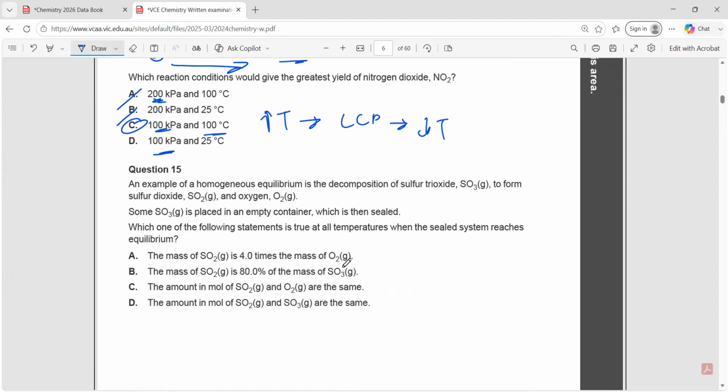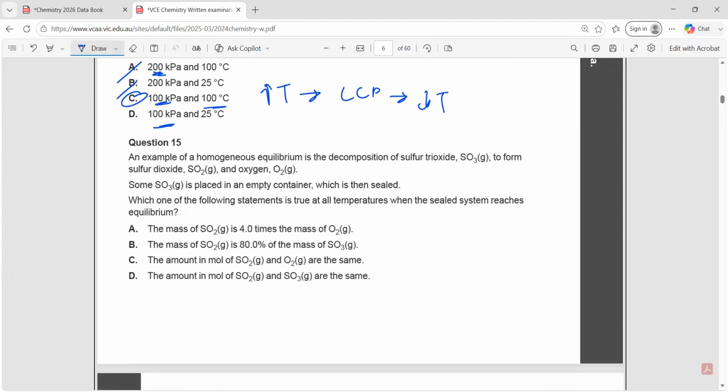Homogeneous equilibrium of decomposition to form SO3 and O2. Some SO3 is placed in a container, which is then sealed.